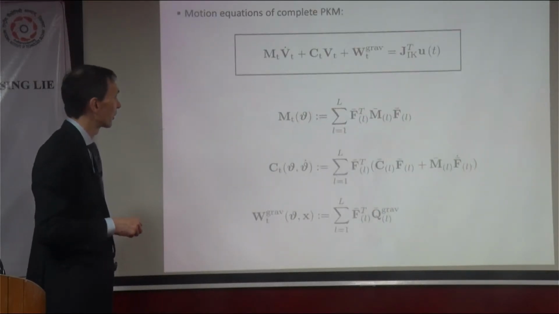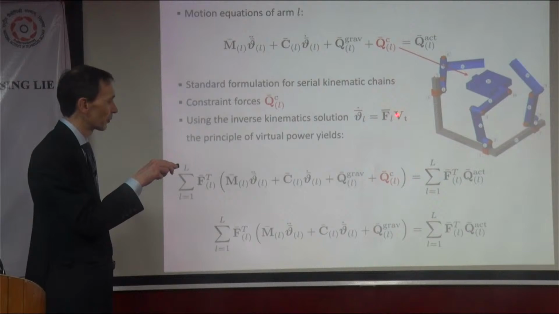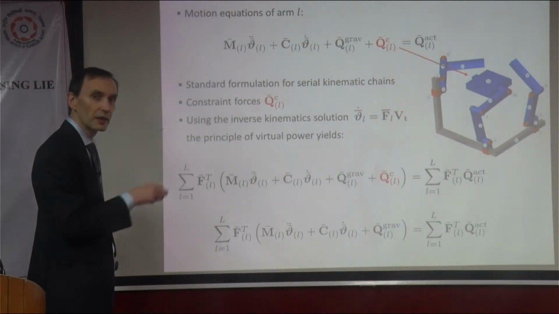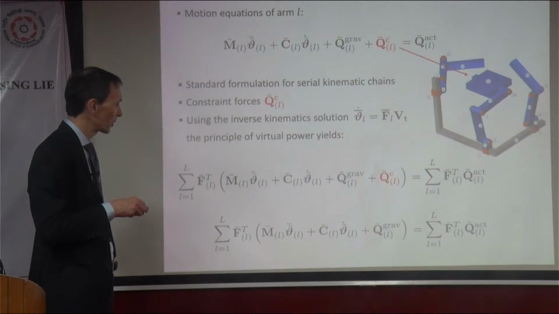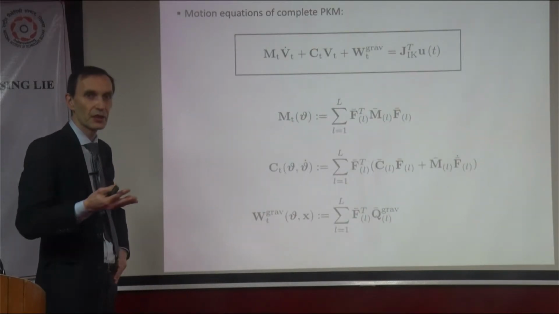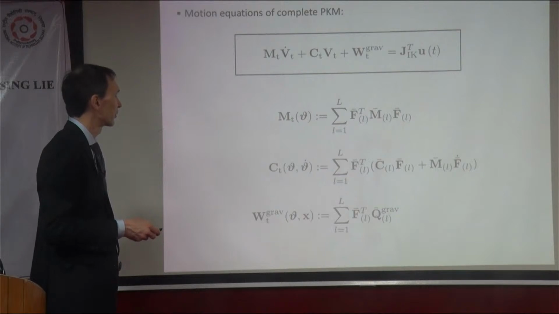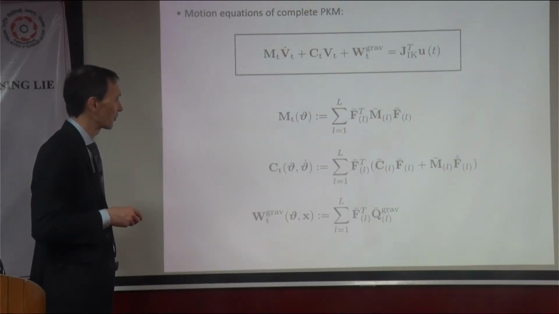If you do the math, then the only thing that remains is v, the task space velocity of the platform, and the whole equation is given. The dynamic motion equations are given in terms of the platform twist, this v_t of the assembled system.